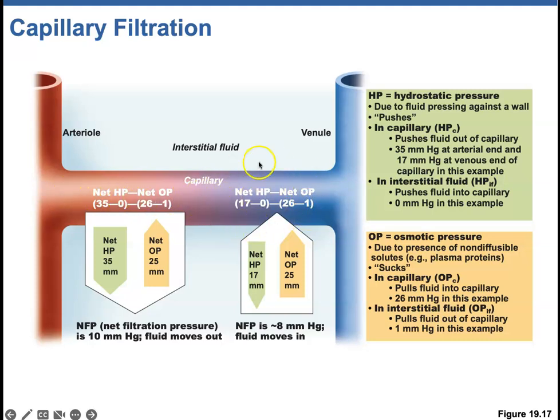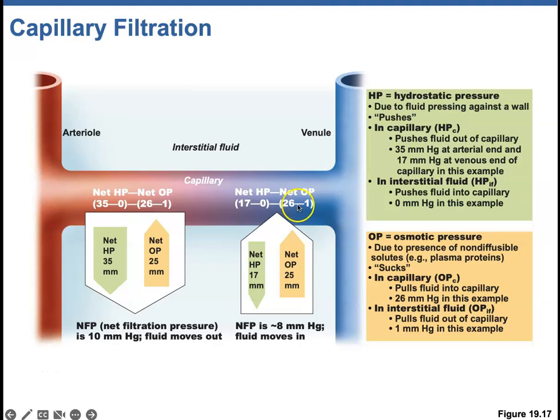Now, the blood is going to continue to flow in the capillary, and then on the venous side of the vessel, there was more fluid out here and less fluid in here, because remember we pushed more fluid out. So in here, the osmotic pressure is greater because we have more solute inside, less water. So the fluid is going to flow from out here back in.